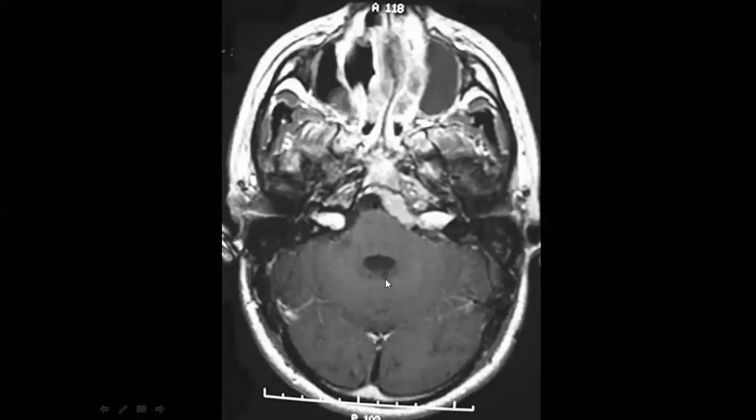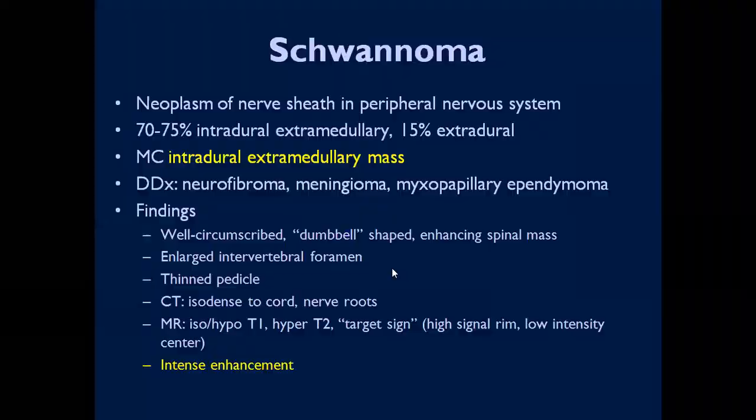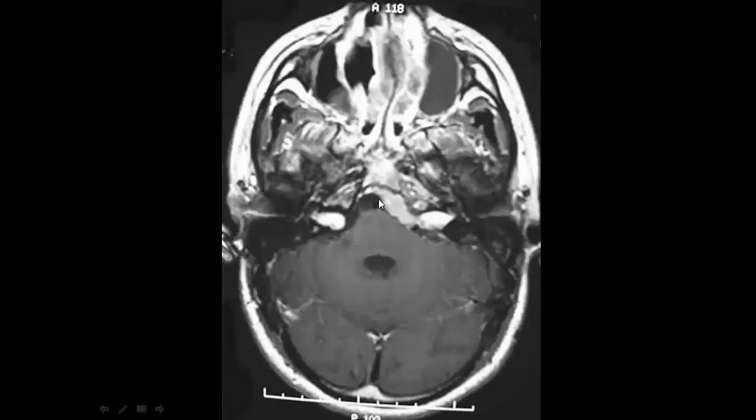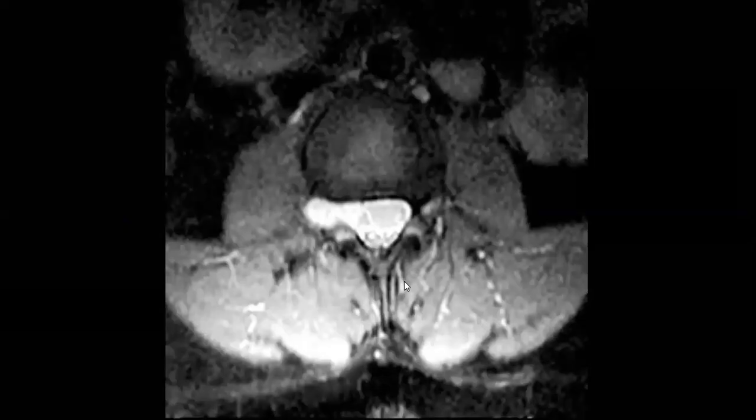One of the good things is that you think about Schwannoma, and that's very nice. You think about neurofibromatosis type 2, that's important, when you find this Schwannoma, and here, like meningioma with dural tail, exactly. We mentioned it last time: MISME, multiple inherited Schwannomas, meningiomas, ependymomas. You think about Schwannoma, okay.